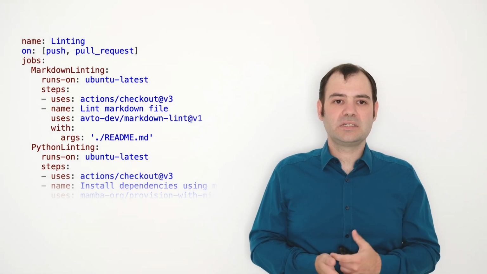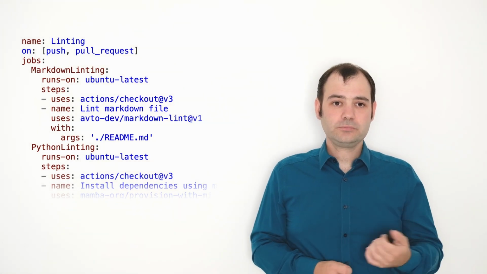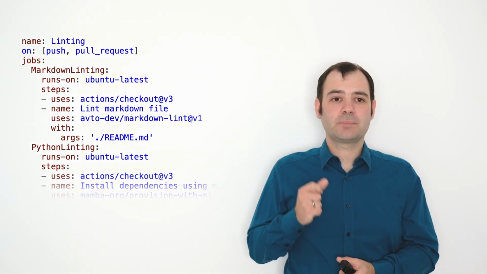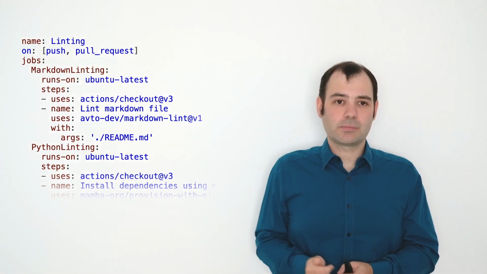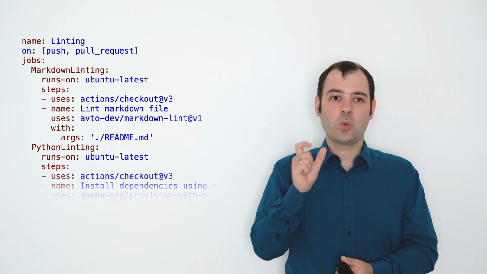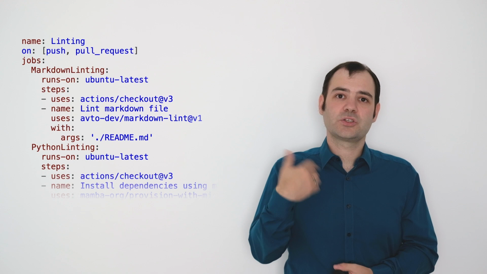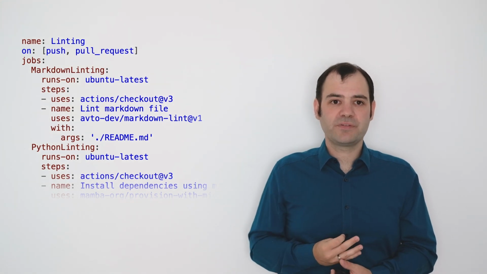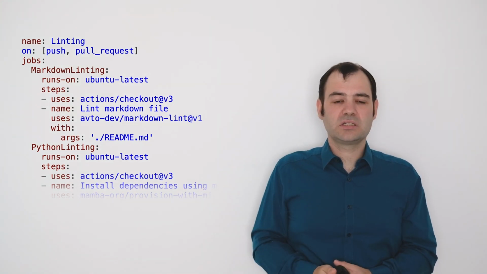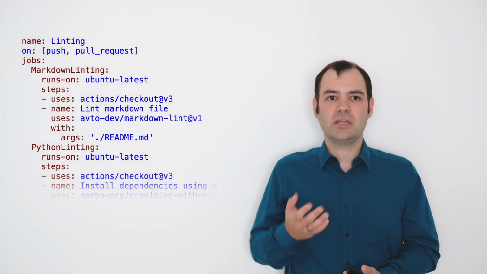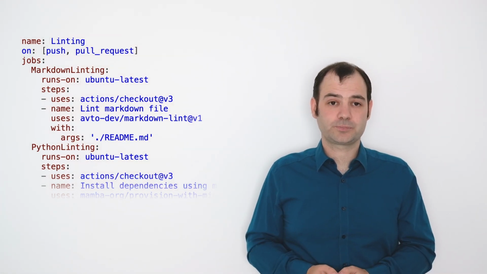And the Markdown linting afterwards runs again a predefined GitHub action, but passes it some variable. And this is done with the keyword with, followed by, in this case, args. So args is the name of the variable, and the content is the path to the file that shall actually be checked, in this case, the README file.